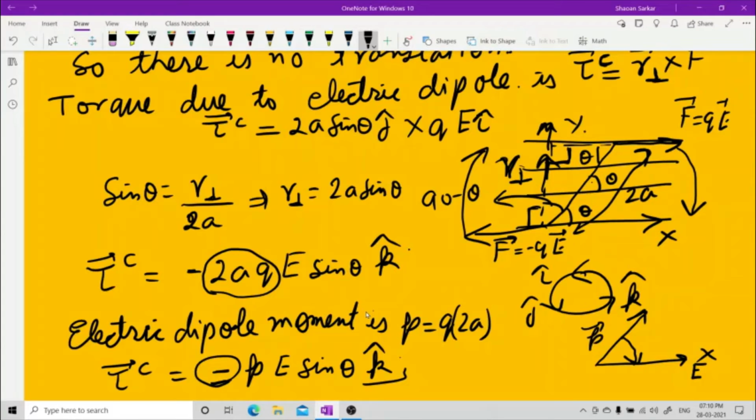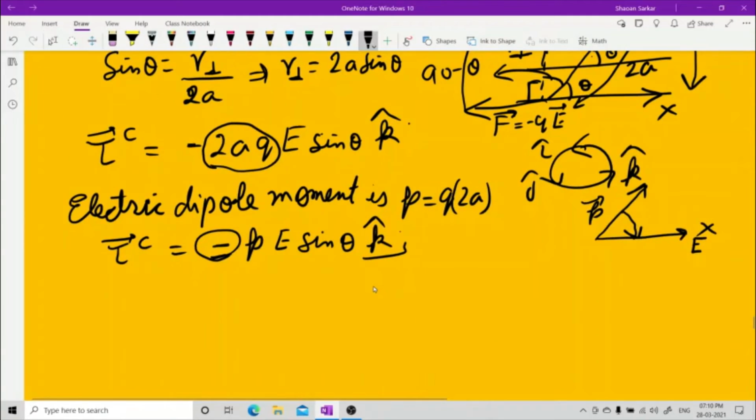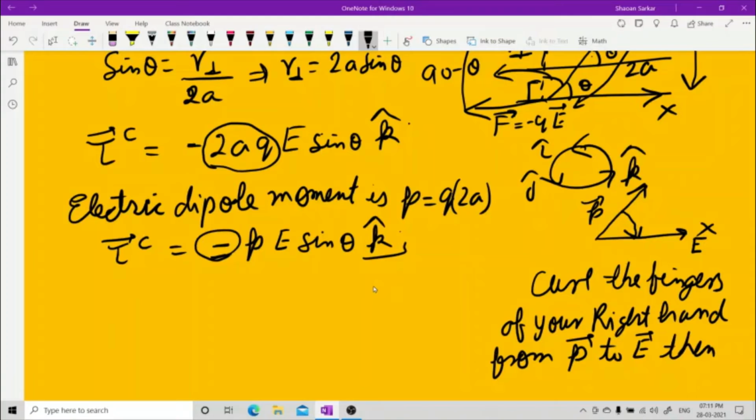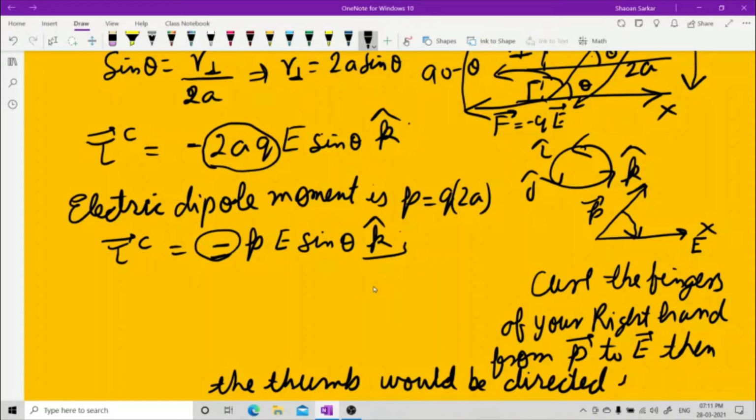So if you curl your finger, let me write down here. If you put your right hand, curl the fingers of your right hand from P vector to E vector, then the thumb would be directed inwards, that is into the plane of paper.